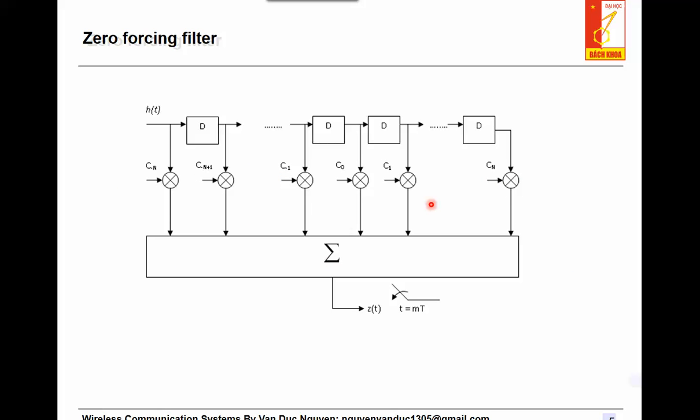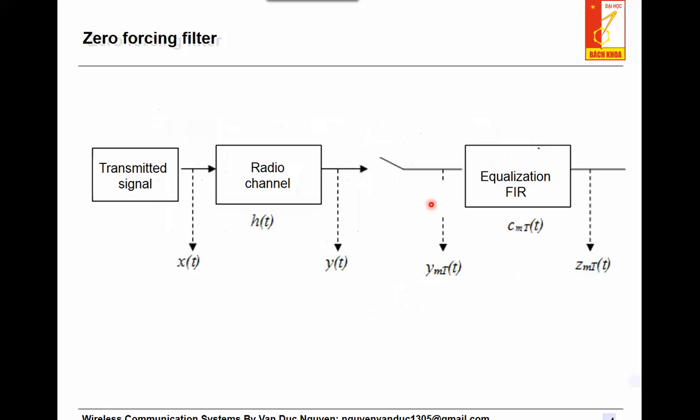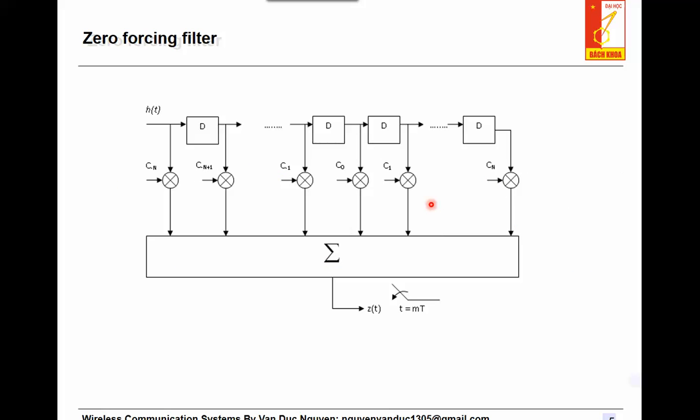Now we introduce a method to implement the equalization filter by using the finite impulse response filter. That's the most convenient and important digital filter implemented by digital signal processing, the most popular.